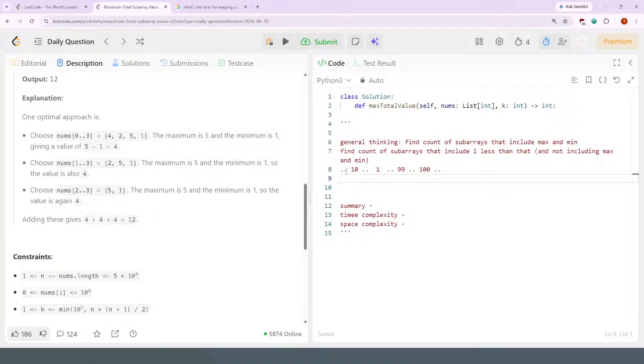So it's almost like for any given index, if you were to treat that as your end index, then what?